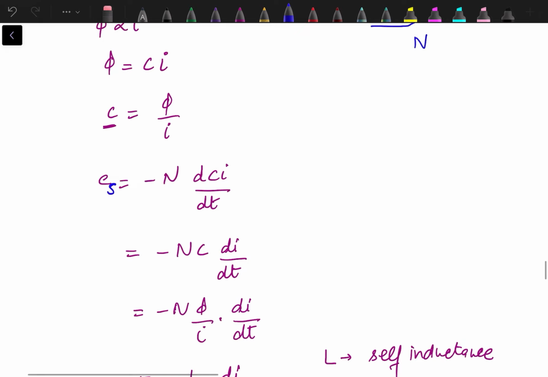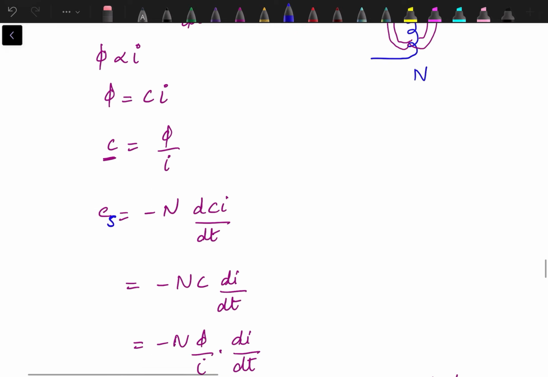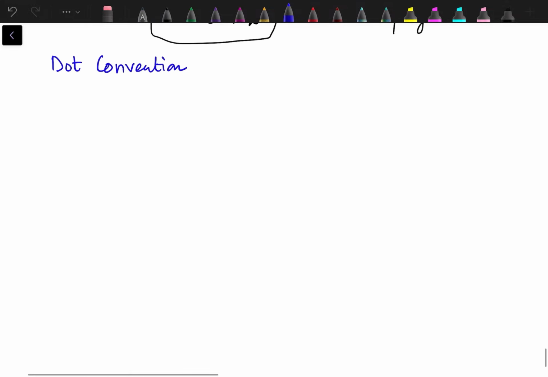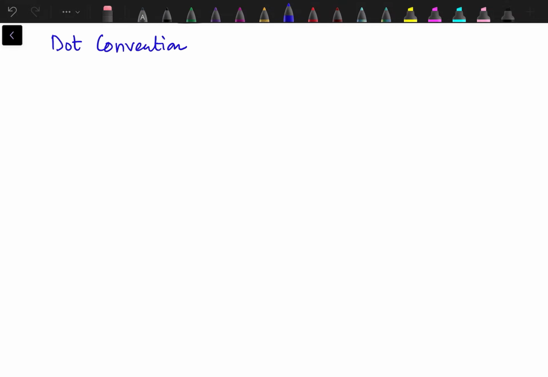It's better to write this as ES, self-induced EMF, and mutually induced EMF. Whether the self-induced EMF and mutually induced EMF are in the same direction or in opposite directions is decided according to the dot convention.